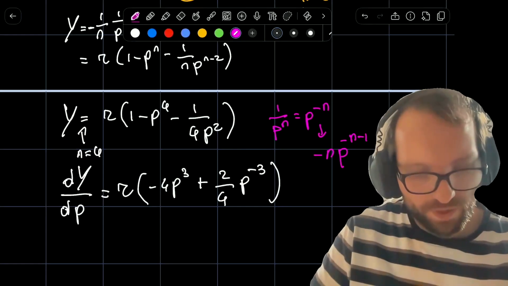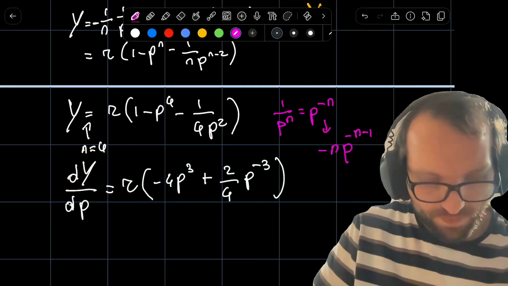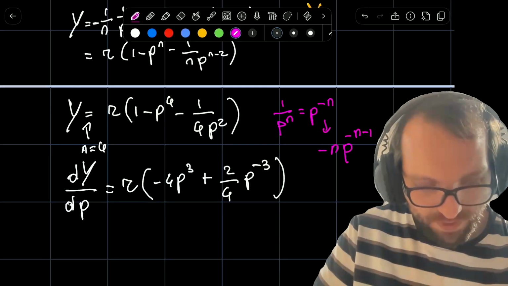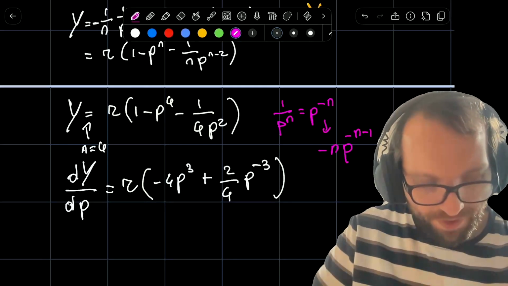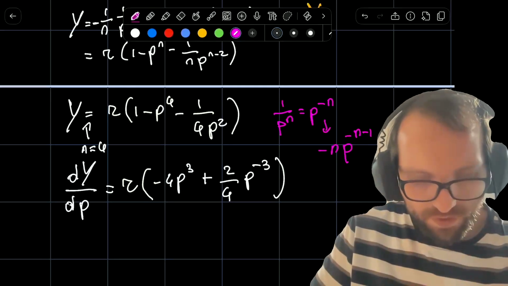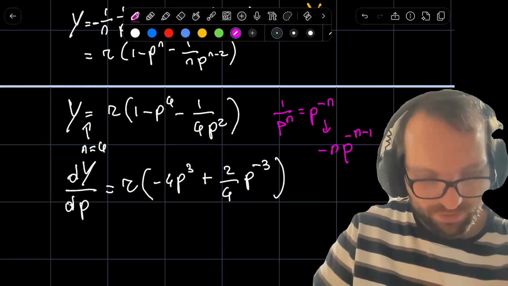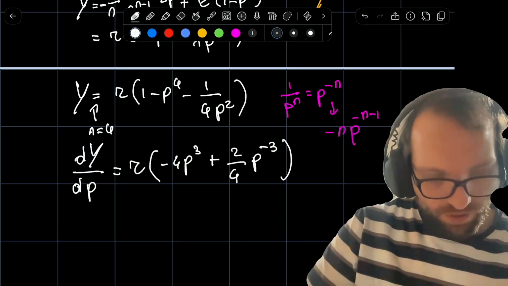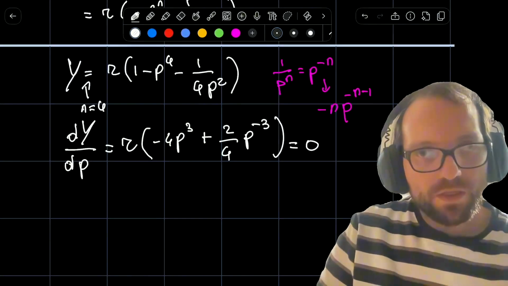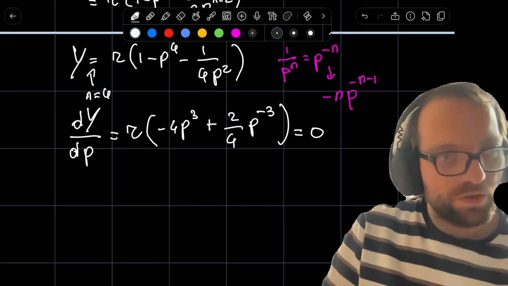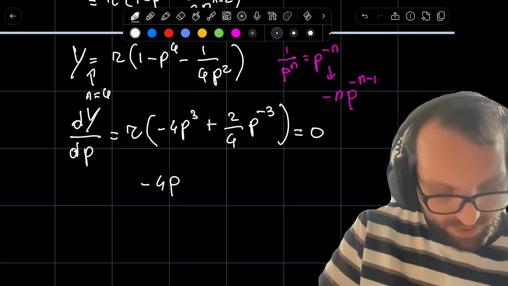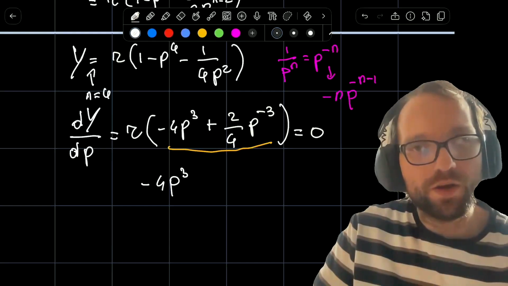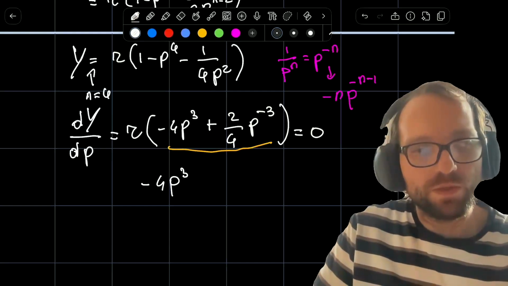Okay, so in this way it's much easier. Here, minus n was minus 2. Okay. So this quantity is equal to 0 when this term here is equal to 0, because r is different from 0.